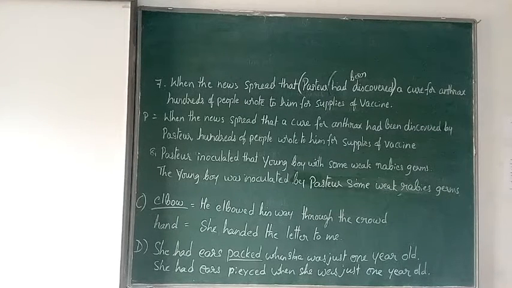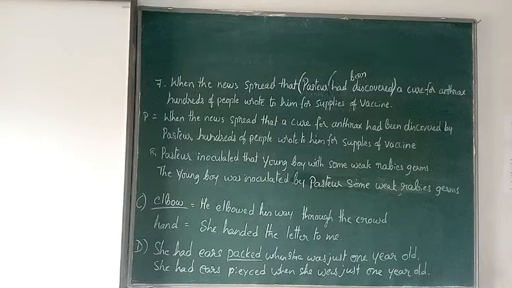Eleventh one. She ran away so that she should not be married. Use lest, L-E-S-T. She ran away lest she should be married. Next one. If you don't walk fast, you will miss the train.